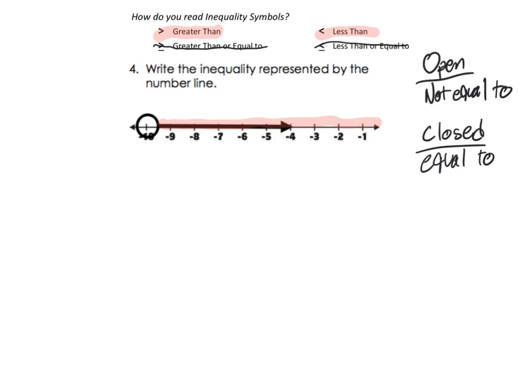So when we write our inequality, typically I like to start with the x first. So we would write x, and since we said everything to the right, all these numbers are bigger than negative 10, we would say x is greater than negative 10. Now, this can be written with negative 10 first. You would just have to flip the sign.